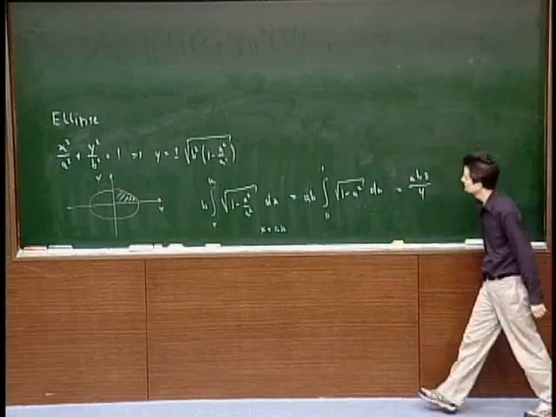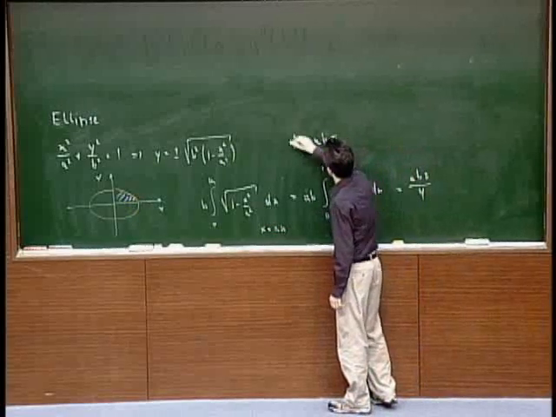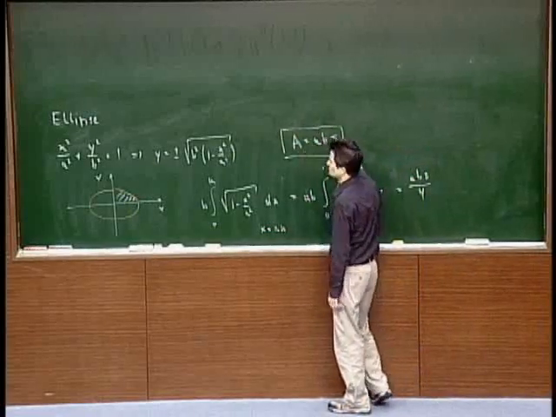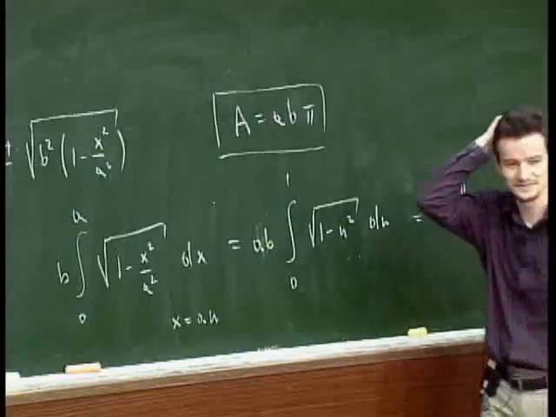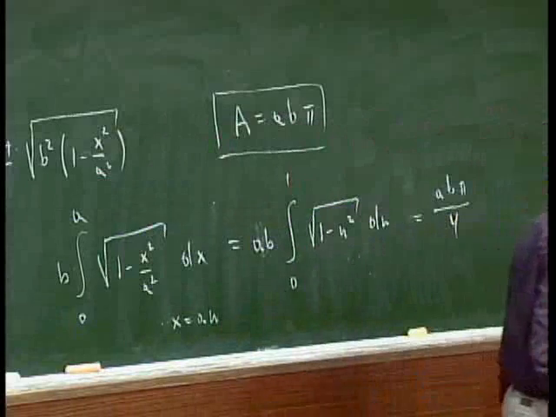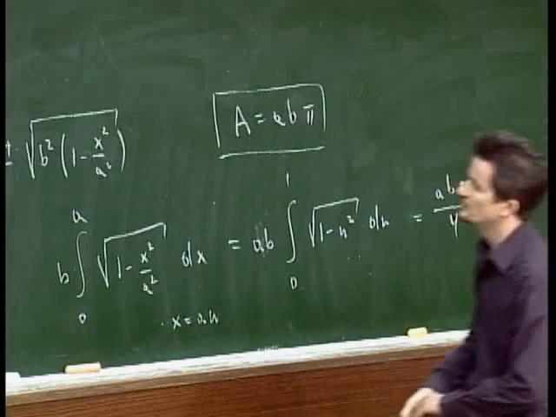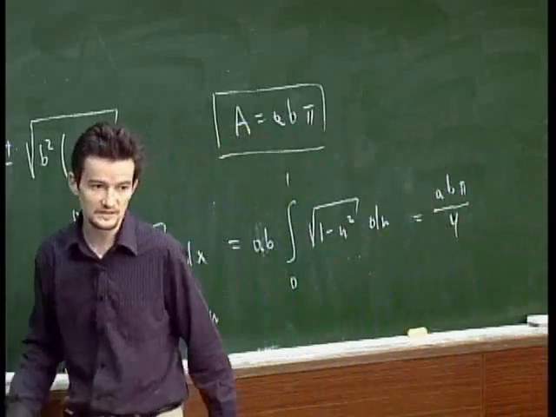So for the area you get a times b times pi. Actually, not a very good example, as I just discovered, because here you do not have to use the trigonometric substitution. But this example is worked out in our textbook by using the method of trigonometric substitution.